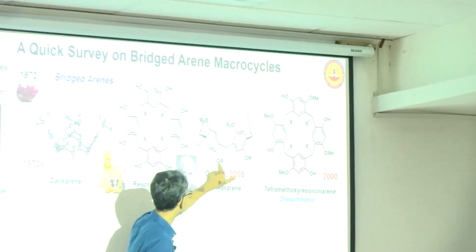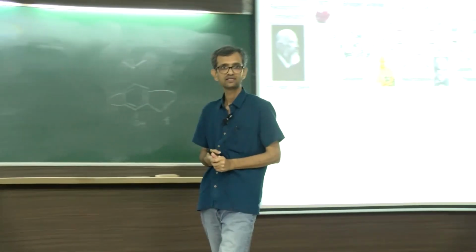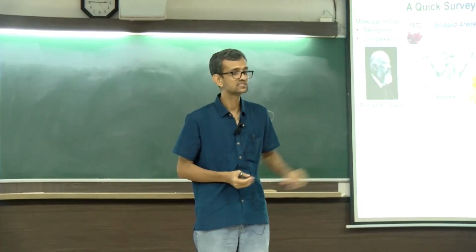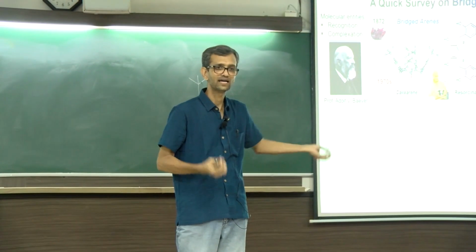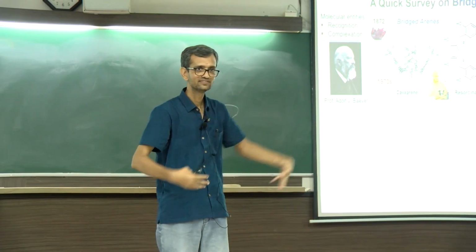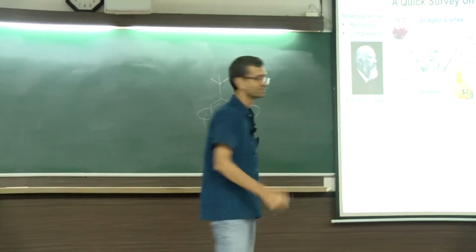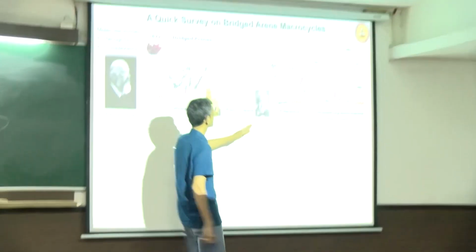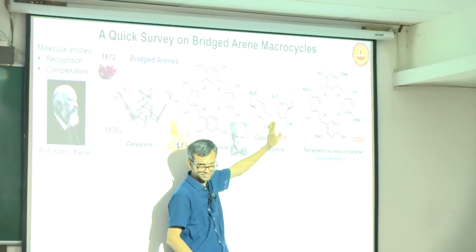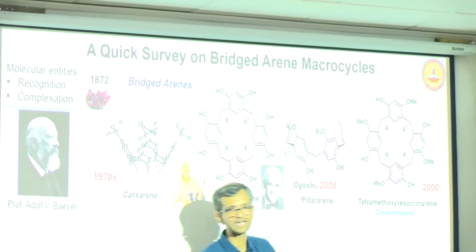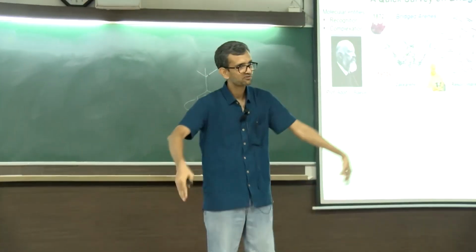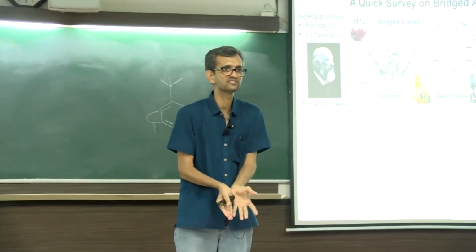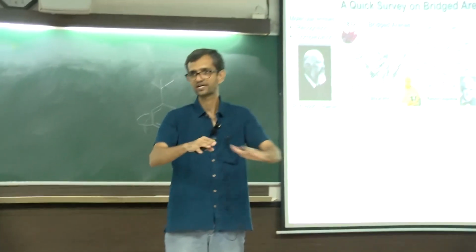He started off with phenols, dihydroxybenzenes, and then alkylated them. Through the same condensation reaction with formaldehyde, 5 of these 1,4-dihydroxybenzenes come together to form a macrocycle.